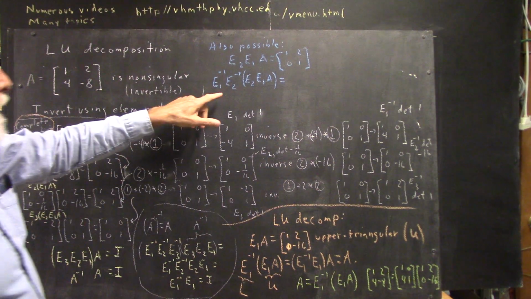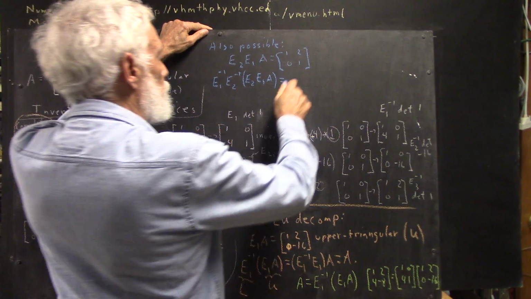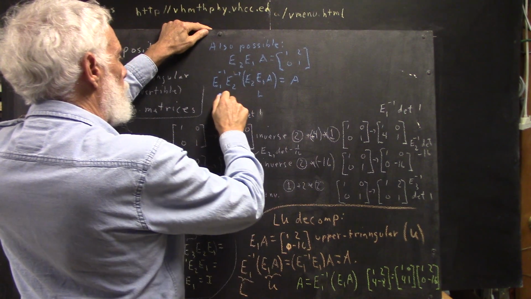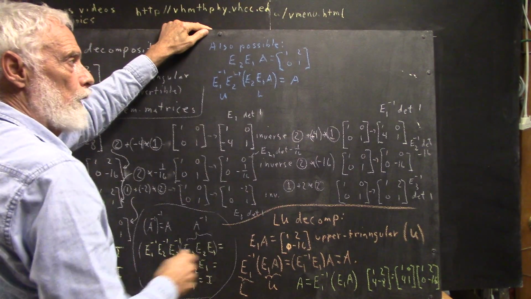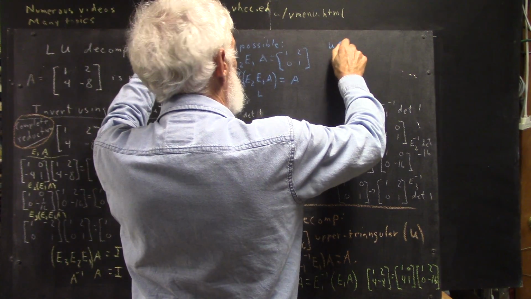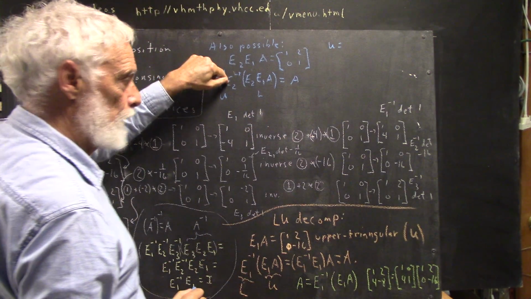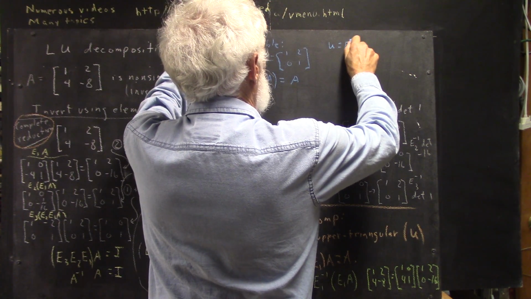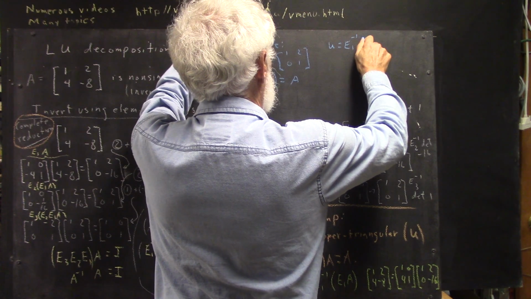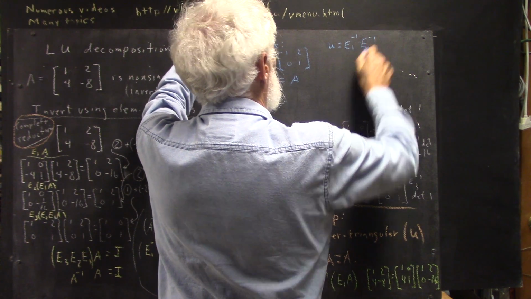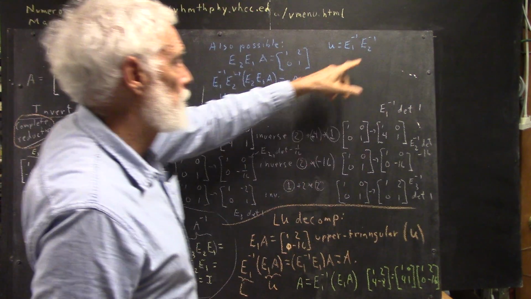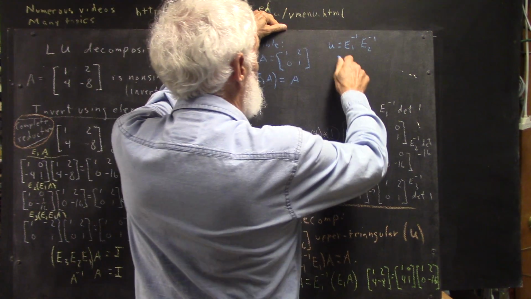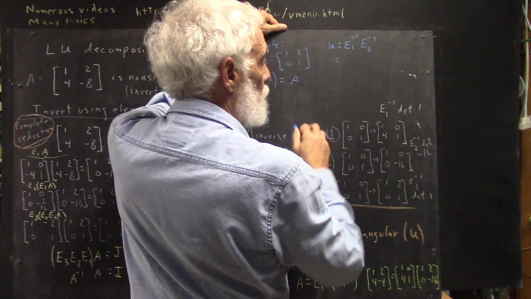Well, certainly equals A. E2 E1A is your upper, and the lower would be the product of these two inverse matrices. Of course, we write down E1 inverse, E2 inverse. E2 inverse is written down second, but it's the first matrix that we start with, and then we multiply that by E1 inverse.